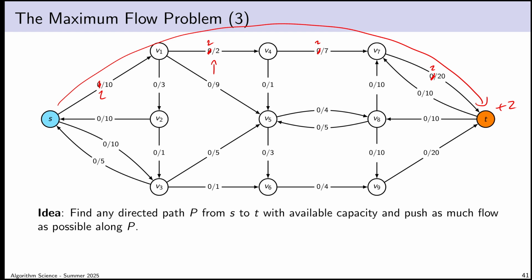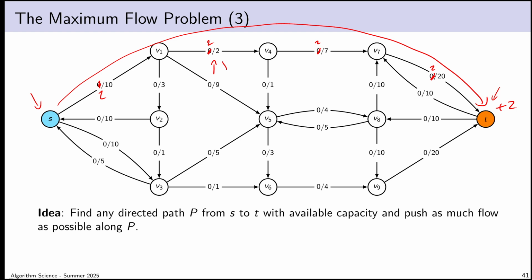Now, the reason why I want to do this with paths is that it's pretty easy to show that all of the constraints are satisfied if I push flow all the way from S to T in one step, using an entire path. The constraints I care about are the capacity constraints, which I will satisfy because I was careful not to choose an amount larger than the capacity of any edge, and the conservation constraints.